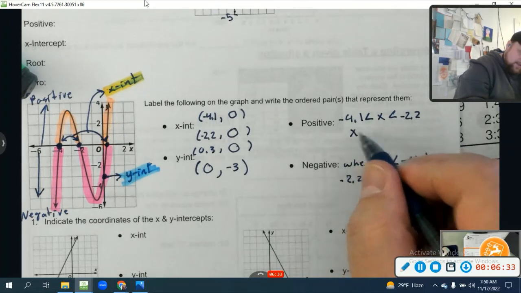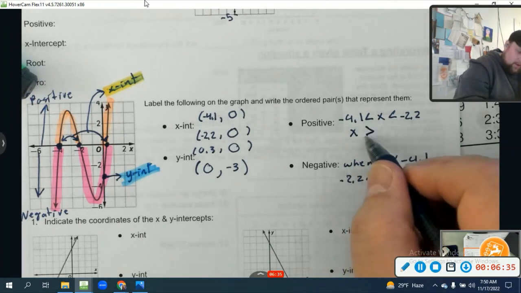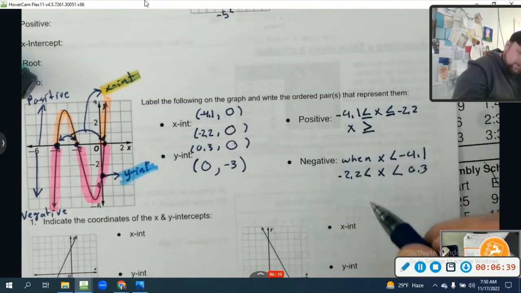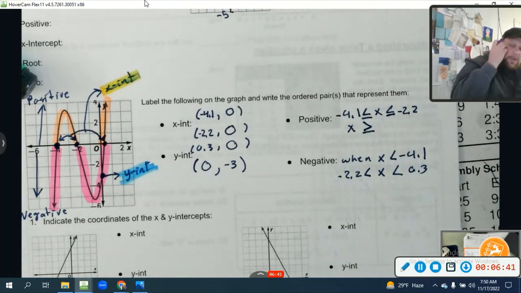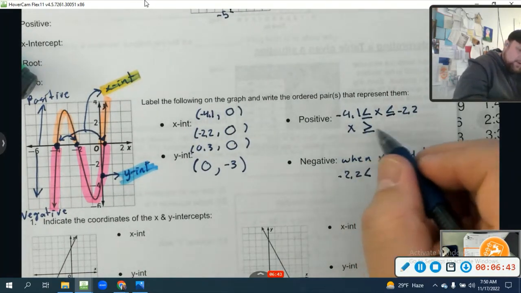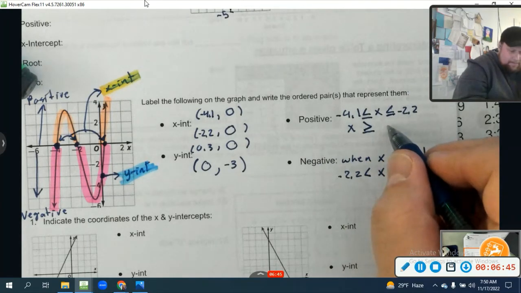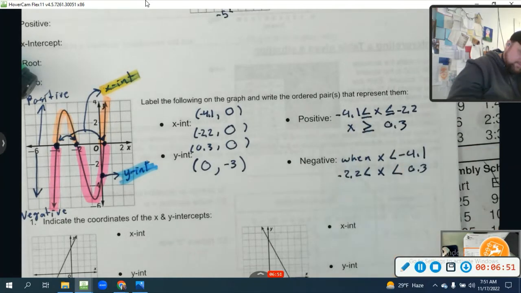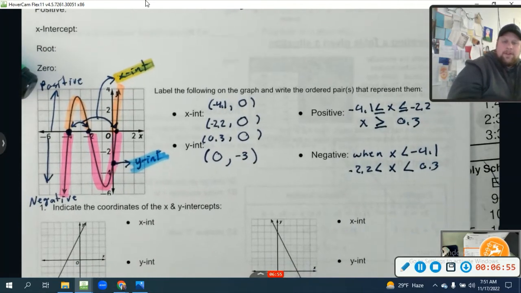So when x is greater than or equal to, we're going to say or equal to, right? We consider on the x-axis to be in that positive area. When it's greater than or equal to, what am I thinking? 0.3. Perfect. Boom.